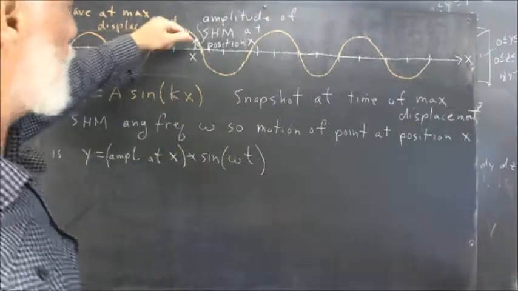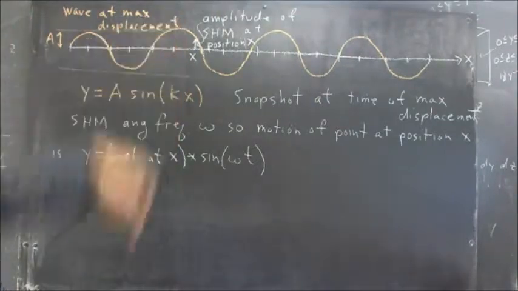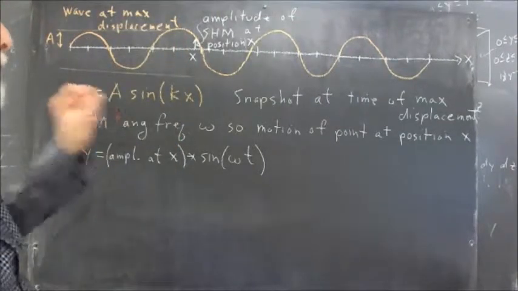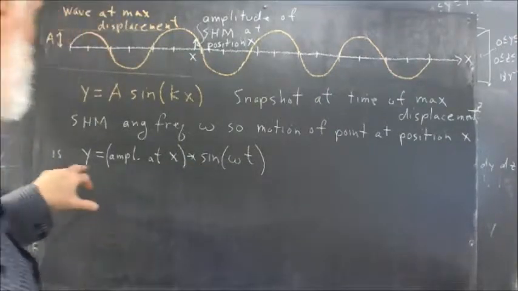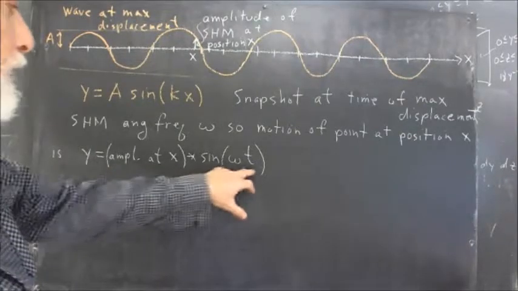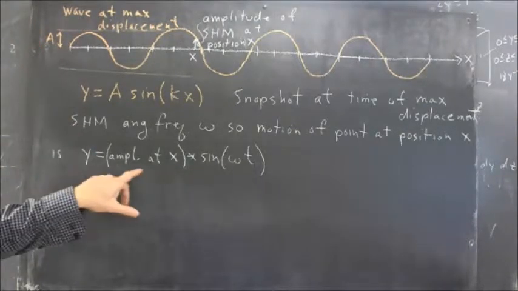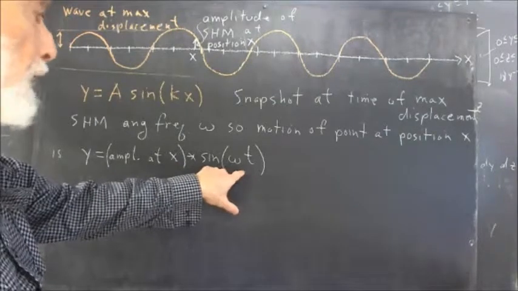Okay, we're going to have simple harmonic motion at every point of this wave, with an angular frequency that we'll call omega. So the ultimate equation for y in terms of both x and t is y equals the amplitude at position x multiplied by the sine of omega t.